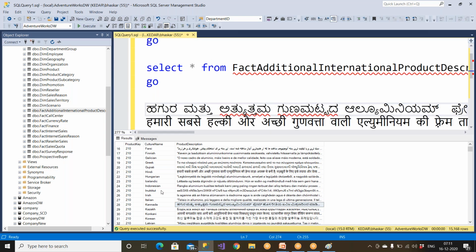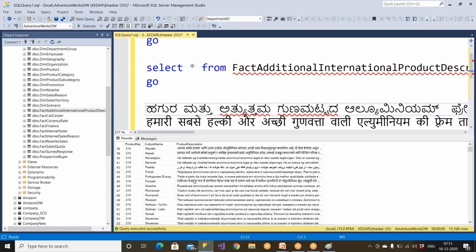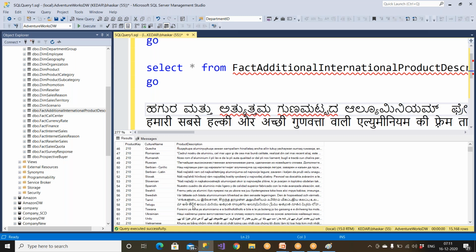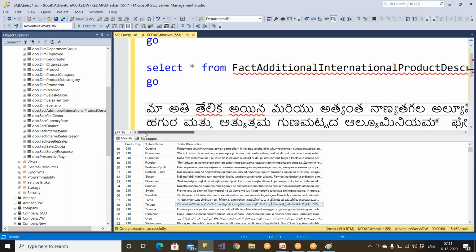Even Microsoft is giving all this. This is my own language, what we speak in our state. Can you read this? I think most of the people can read it. I did not store this at all.